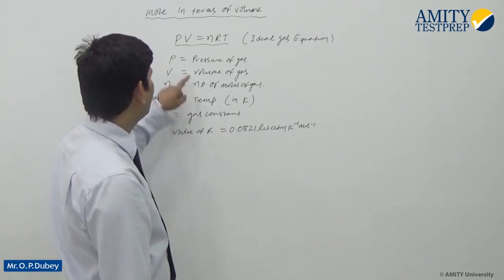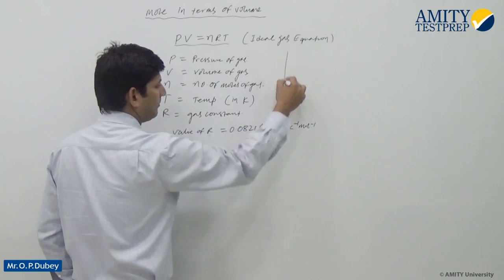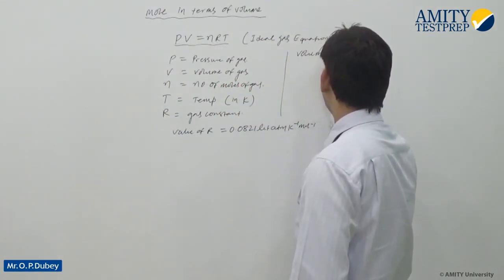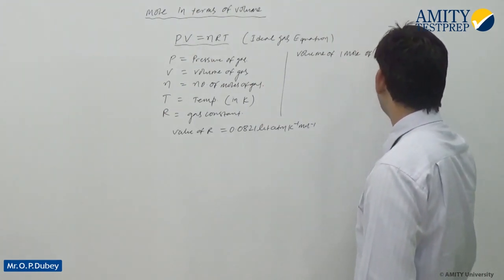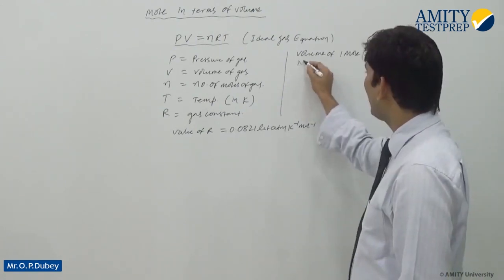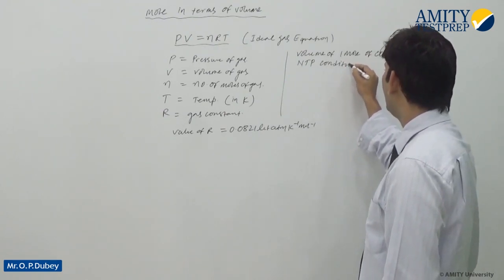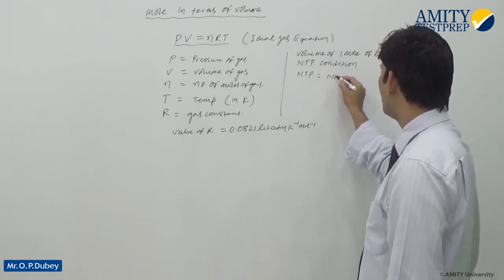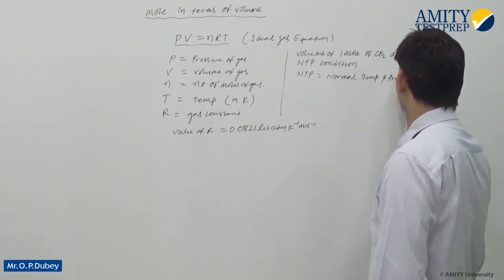Suppose we have to calculate the volume of 1 mole of CO2 or any gas at NTP condition. NTP means normal temperature and pressure.